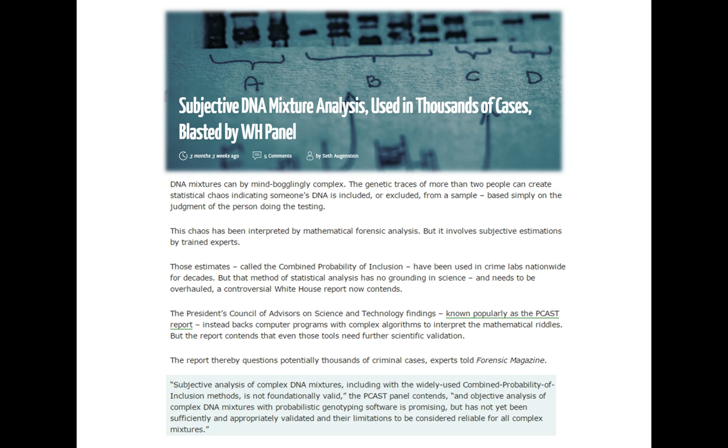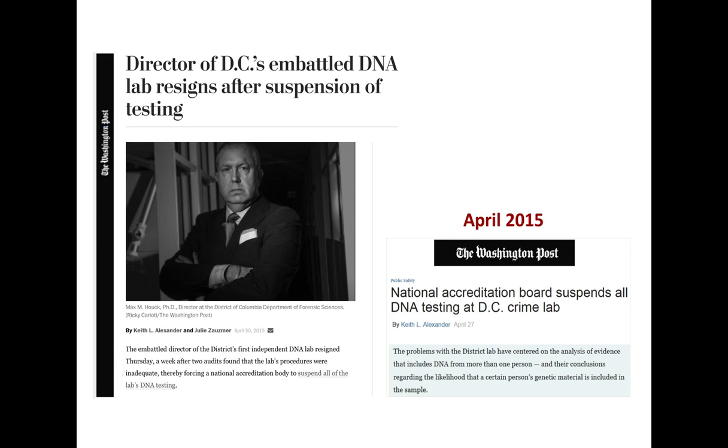One of the suggestions was that we move more in the direction of artificial intelligence, and allow computers, specifically computer software programs, to analyze these DNA mixtures rather than us individually as people, to reduce, again, that subjectivity.